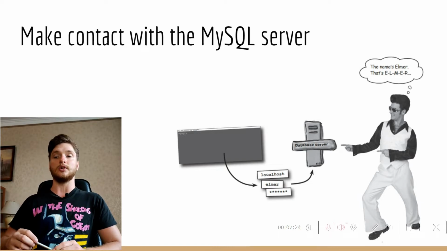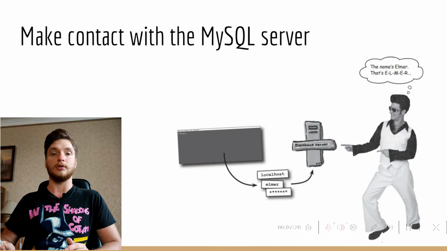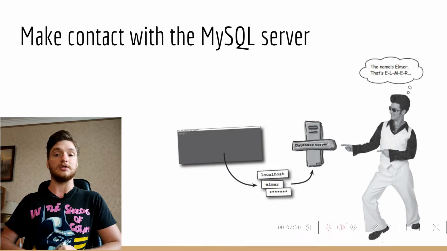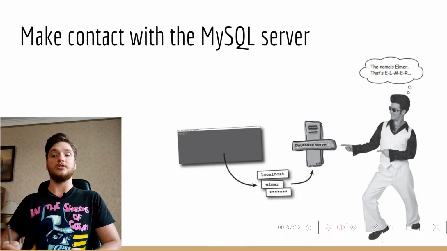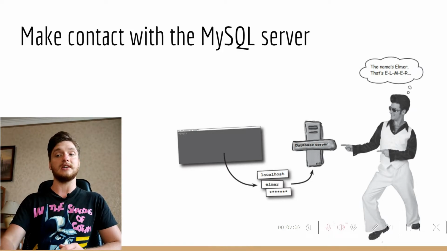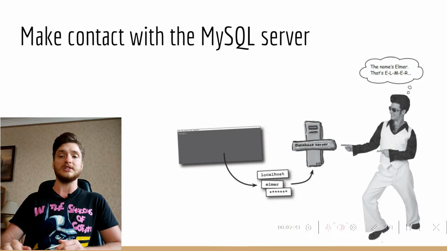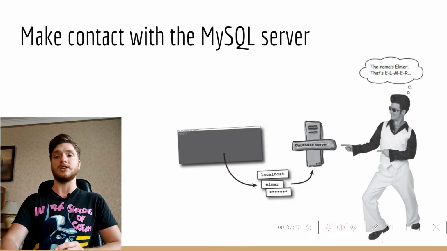Once that's done, you can move on to creating a table with the create table command. But before you can use either of those commands, you have to connect to your MySQL database server. You did just this back in the last chapter, and it required a few pieces of important information.